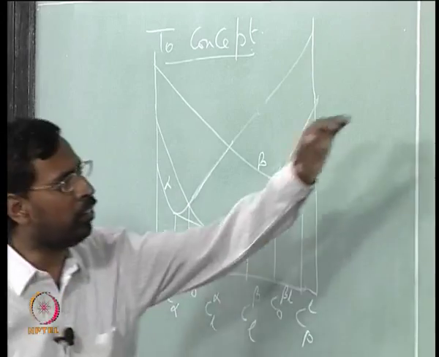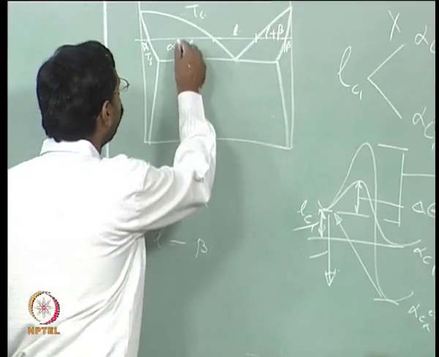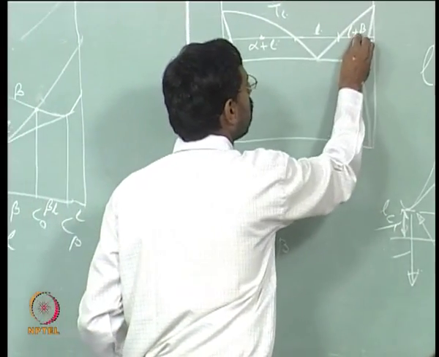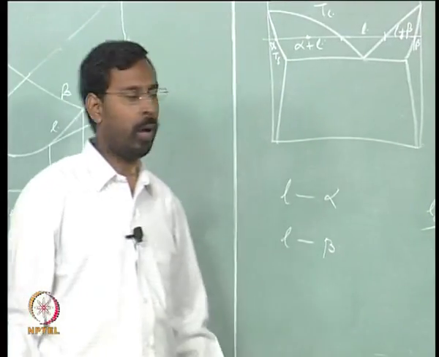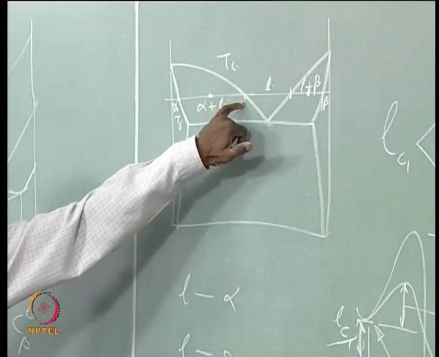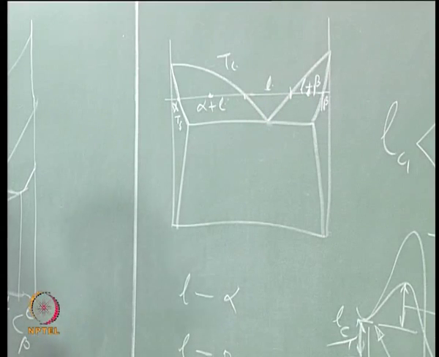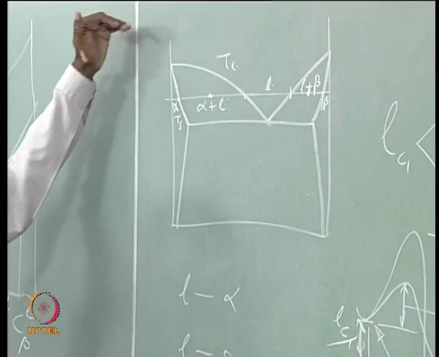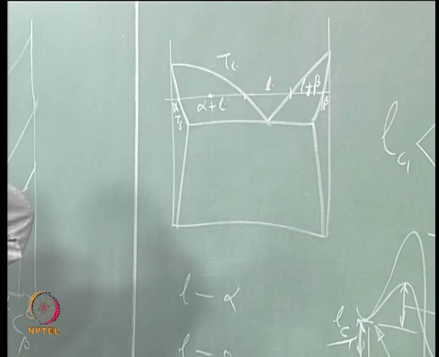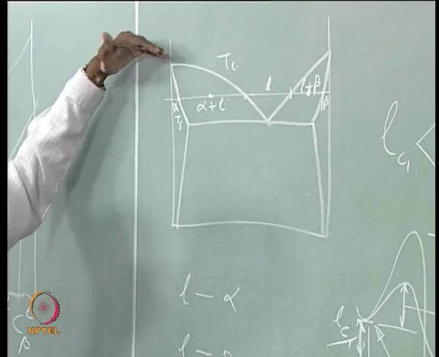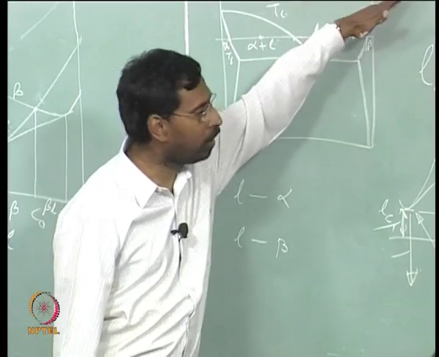So, that means on this temperature line I can put 2 points here, one point between the alpha and liquid, one point between the beta and the liquid. And this liquidus, mind you, there are 2 liquidus here, carefully see, this is one liquidus, this is also a liquidus.